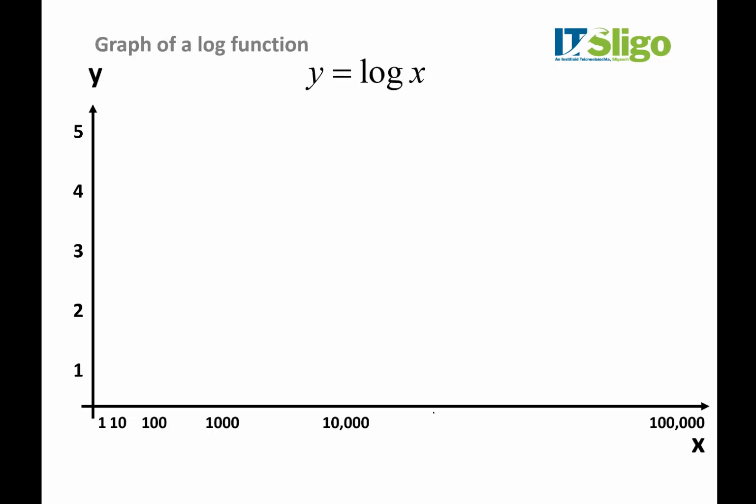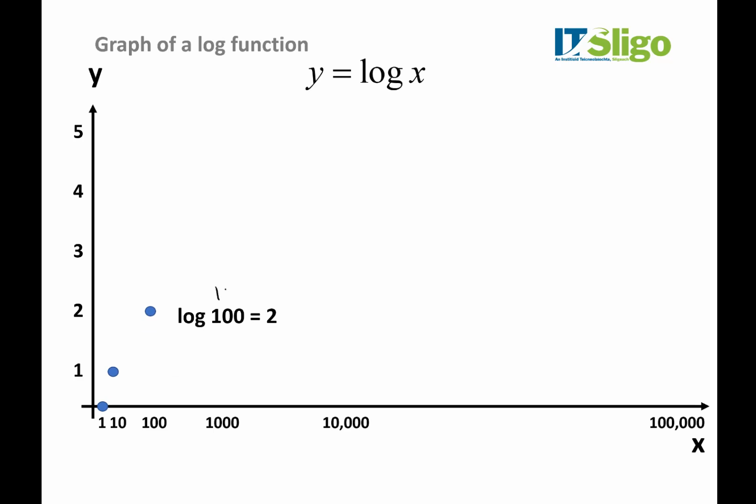Now we're going to take a look at the graph of log x in a little bit of detail, and it's taken the information we got from the previous slide. It's not to scale, so it's just to give us a general idea. The log of 1 is 0. So our input is 1, our output is 0. The log of 10 is 1. You can go back to the previous slide to see where these are. Log of 100.